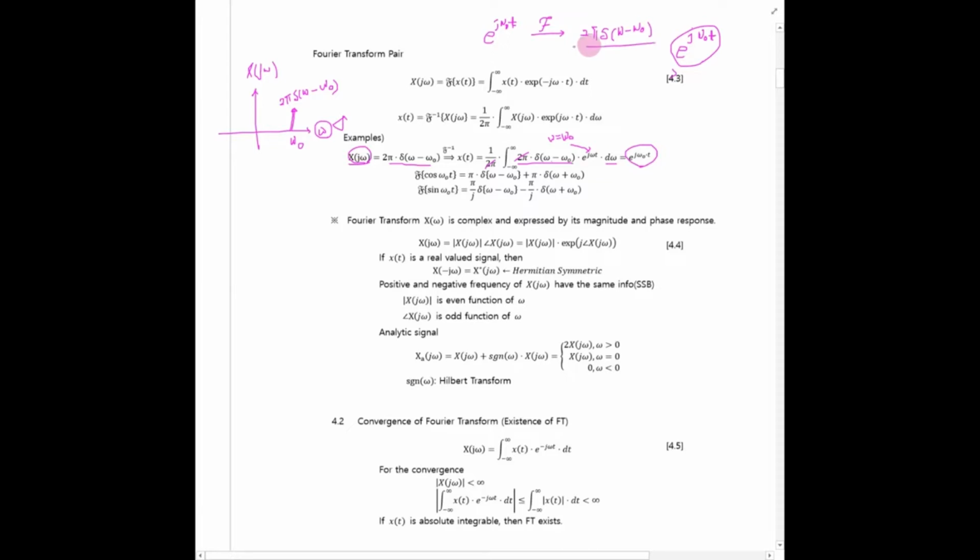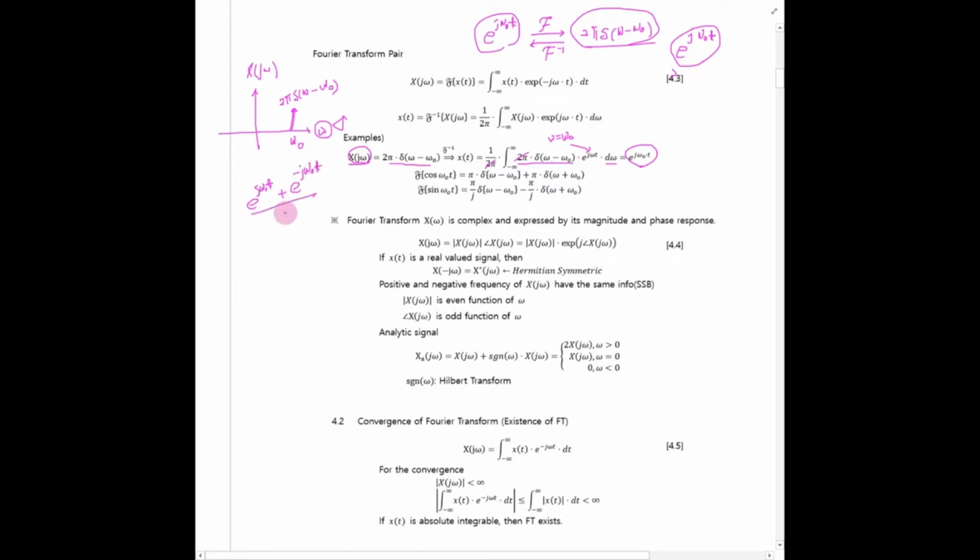Keep in mind these relationships, we proved that one. The inverse Fourier transform is given by this one. What about this Fourier transform? In this case, cosine ω0t is e to the jω0t plus e to the minus jω0t, divided by 2.